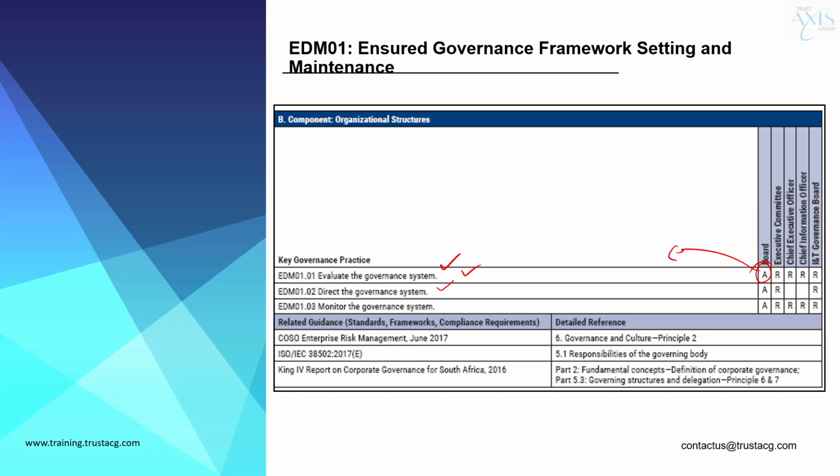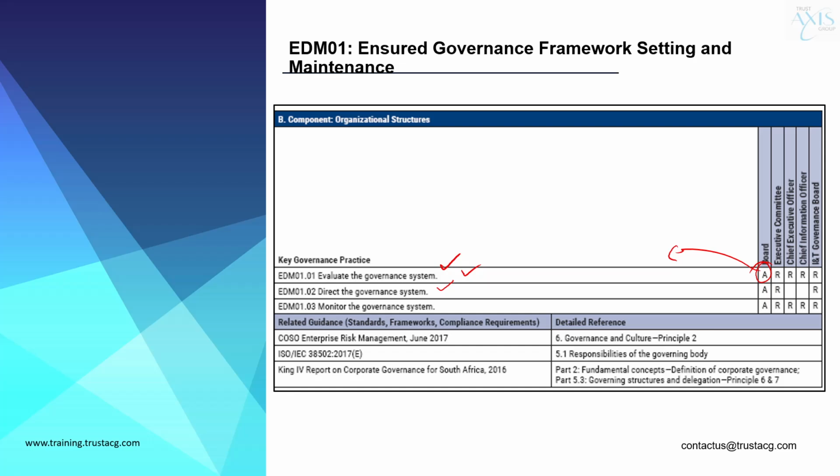The board is definitely accountable, but your executive committee, like your strategic committees, audit committees, or steering committees within the realms of the board, must be responsible.